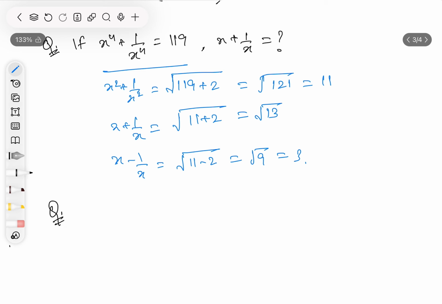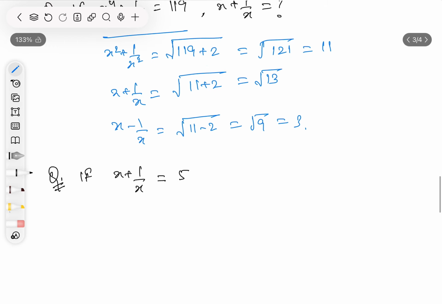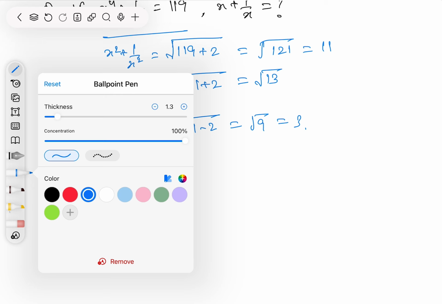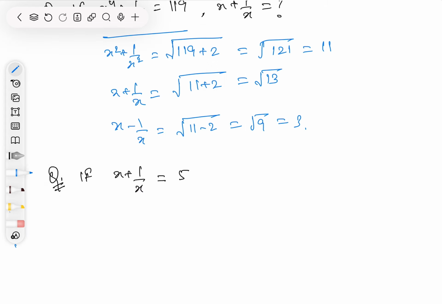You can try one more question. If x plus 1 by x is given as, let's say, 5, in that case find x square plus 1 by x square, x to the power 4 plus 1 upon x to the power 4, and x cube plus 1 by x cube.